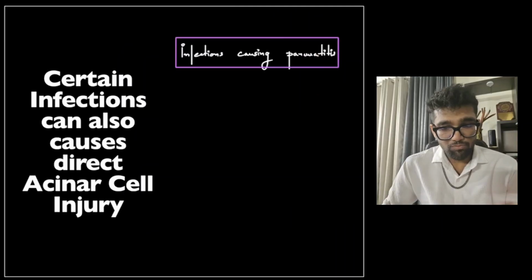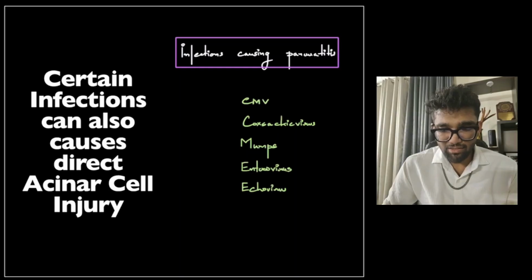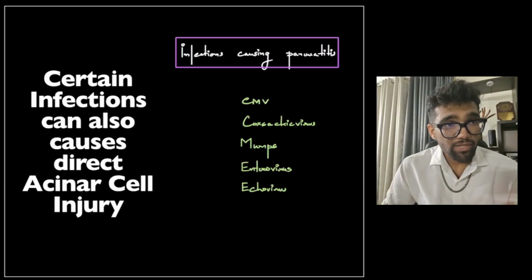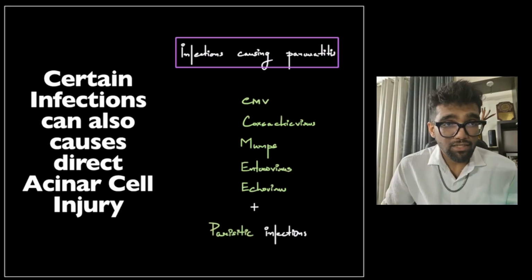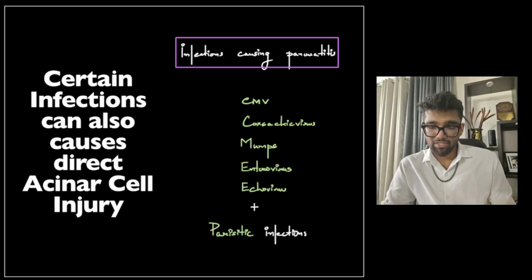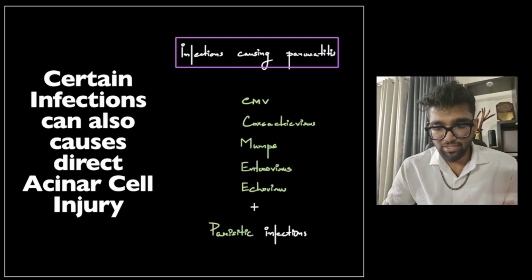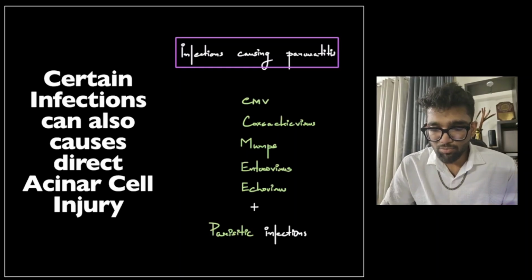Okay. Now, as I discussed, there are certain infections that can cause direct acinar cell injury. So these are quite characteristic. One is cytomegalovirus, second is Coxsackie virus. Then we have mumps, enterovirus, and echovirus. All are viruses, obviously, that are extremely epitheliotropic. I use the mnemonic CME: continuous medical education.